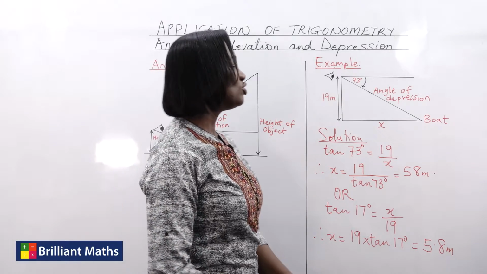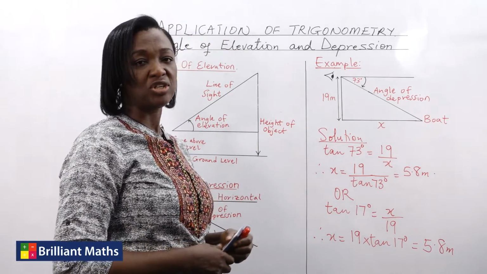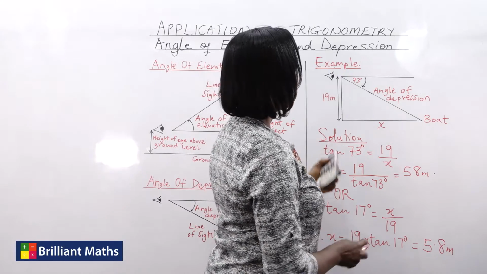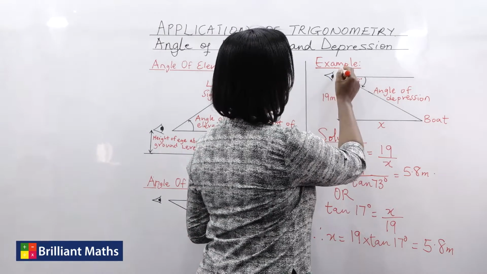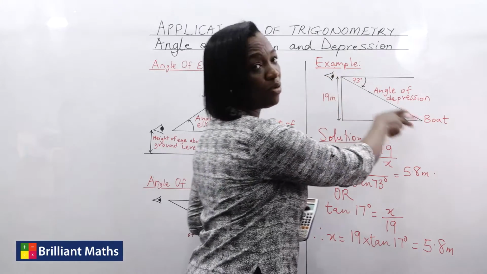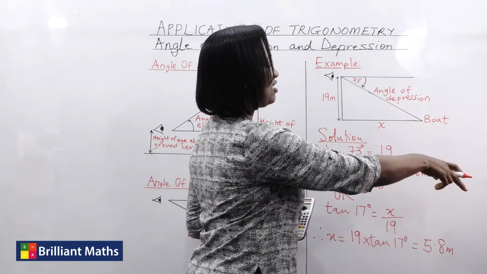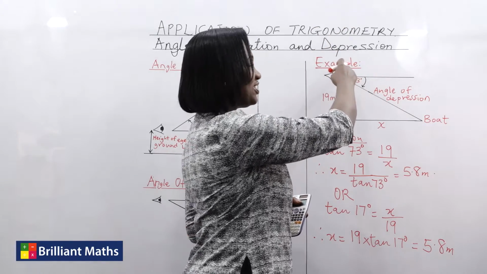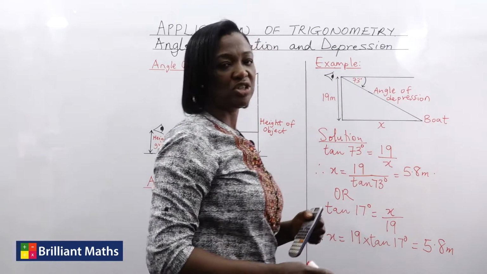The first thing you need to do is sketch the information that you have. So let's say Cynthia is here, that's her eyesight, and she's looking at the boat at sea. So she is on top of a cliff. So that's the angle of depression.